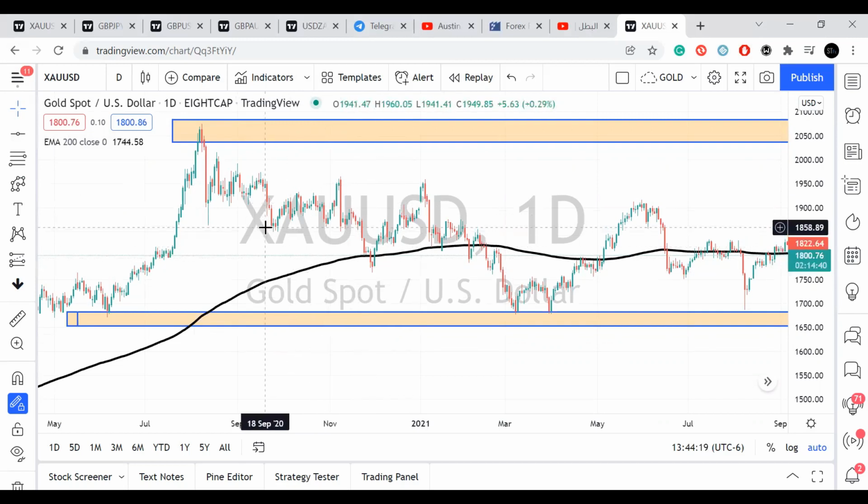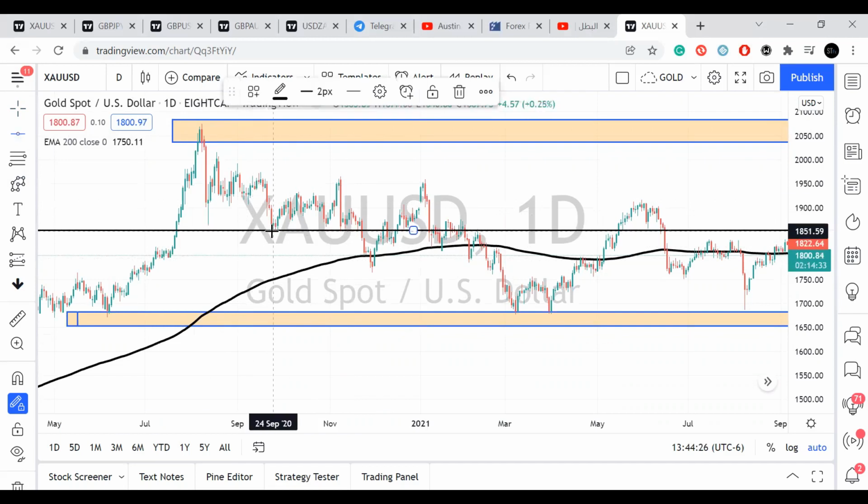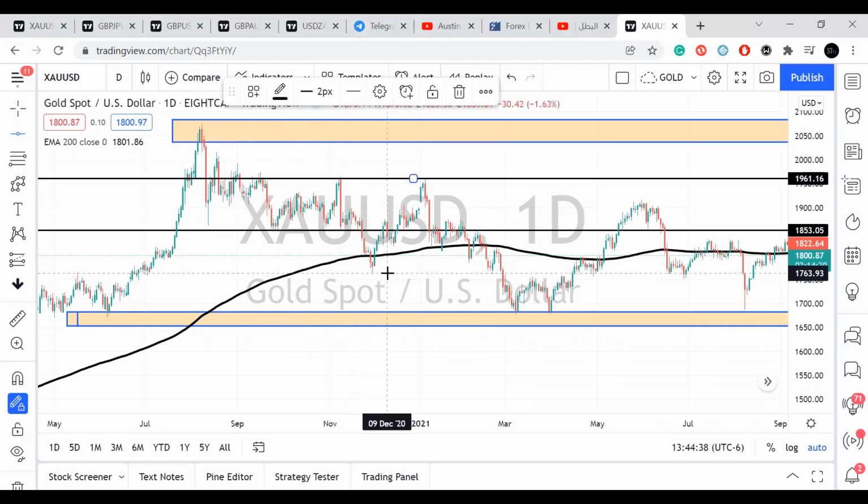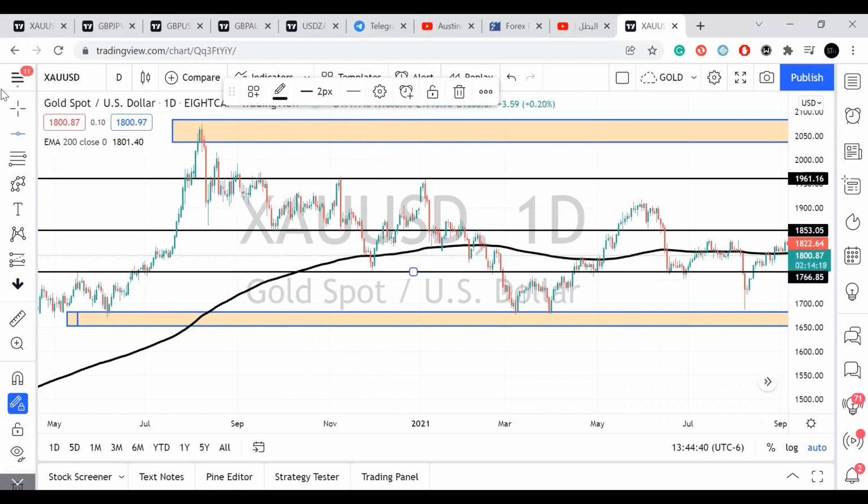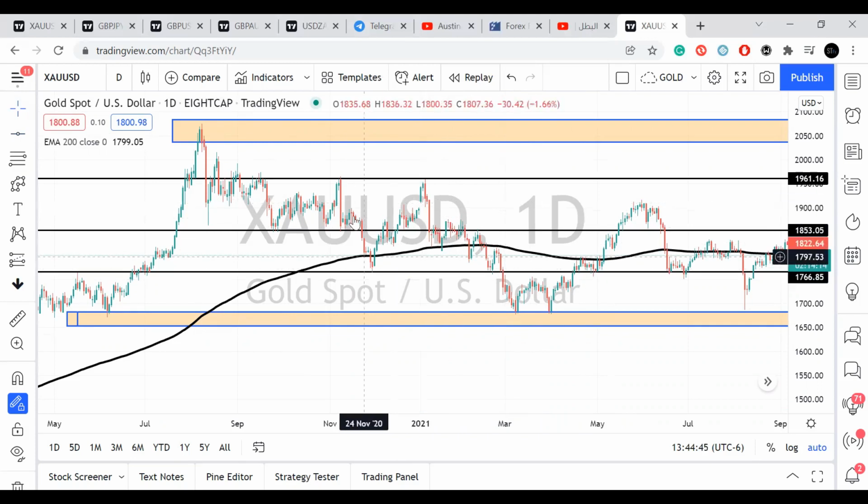So I'm going to identify here, I'm using this black line. Price from here dropped, pushed up, then gave us this low. So these are the three key structures that I want to identify.